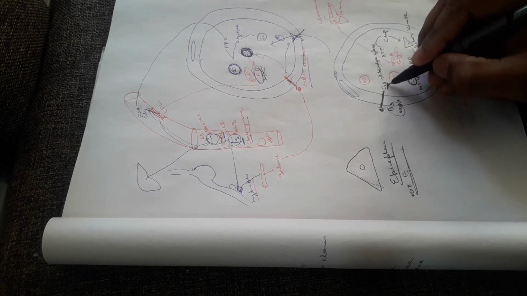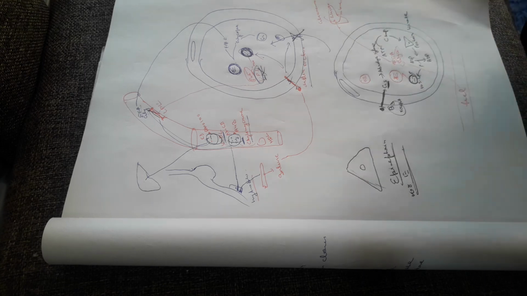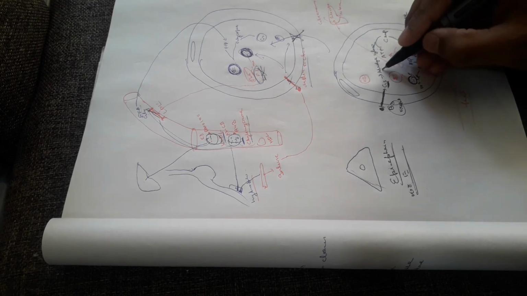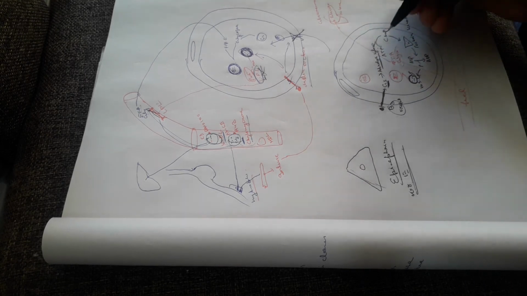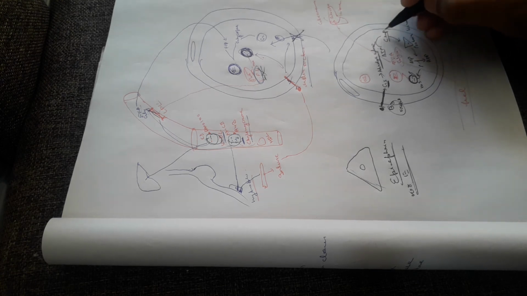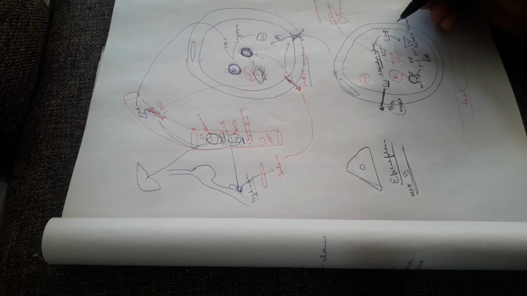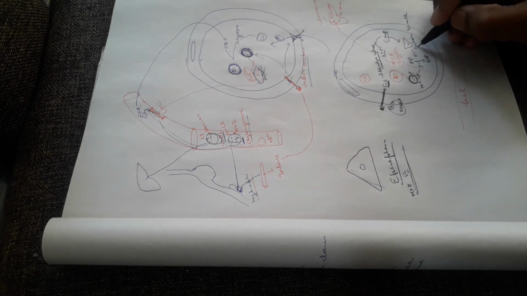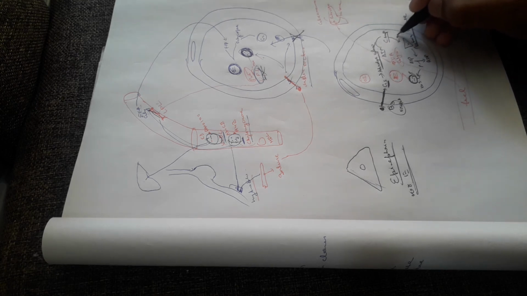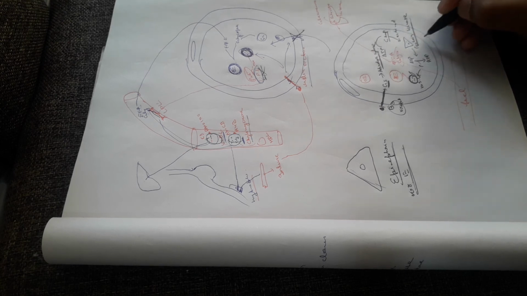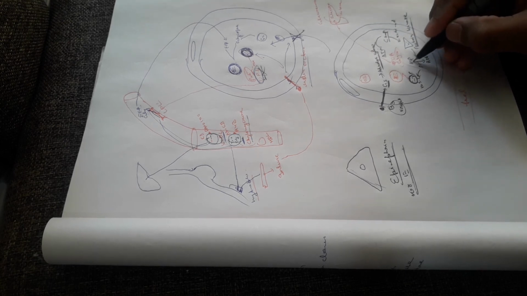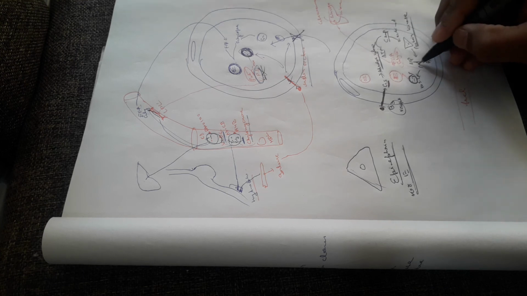Then this G stimulatory protein activates the adenylyl cyclase. When adenylyl cyclase is activated, it converts ATP to cyclic AMP, and this cyclic AMP activates the protein kinase. And this protein kinase then converts ATP into ADP, and when ATP converts into ADP, phosphate will be released.